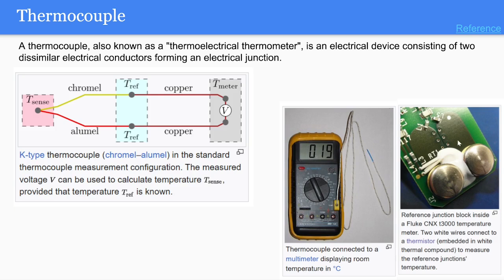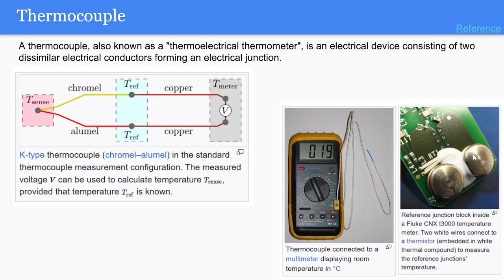And here's another very good picture. In this, you see the reference junction block inside a Fluke CNX T3000 temperature meter. Two white wires connect to a thermistor embedded in white thermal compound to measure the reference junction temperature.